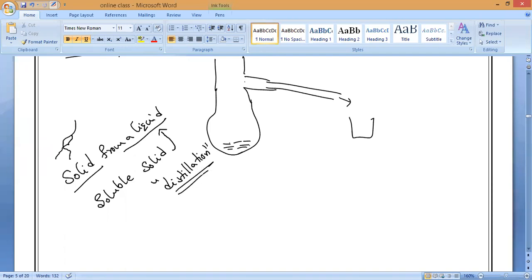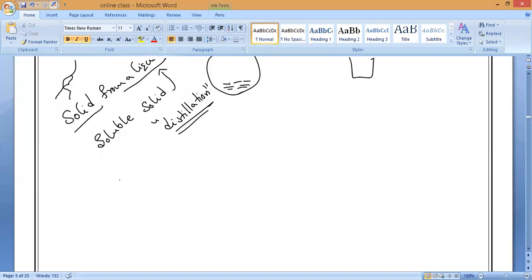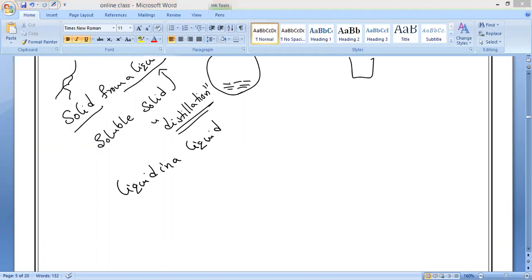Or else, as I told you, we can use it for another kind of thing. A liquid in a liquid, but is that liquid miscible or immiscible? That is my question. Miscible liquids.